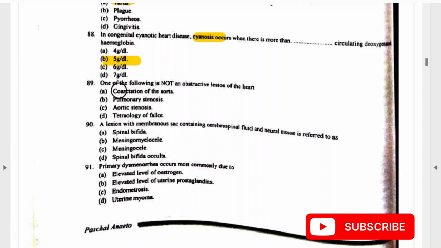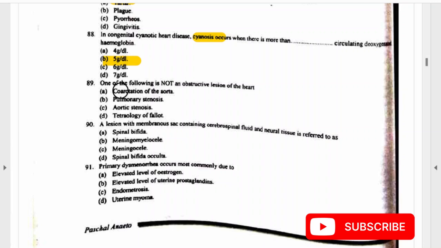So 89. One of the following is not an obstructive lesion of the heart. Let's take a good look at the options A, B, C, D. Coarctation, pulmonary stenosis, aortic stenosis, and tetralogy of Fallot. Wow, this question seems tricky. Give me a moment to ponder on it.